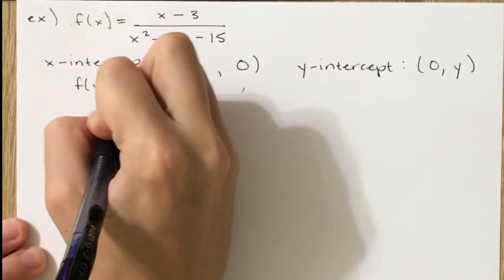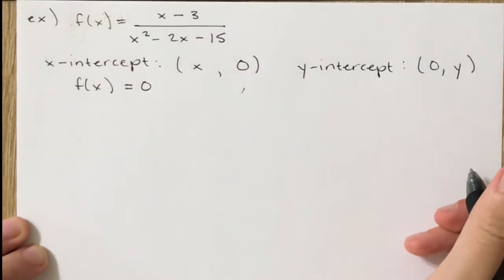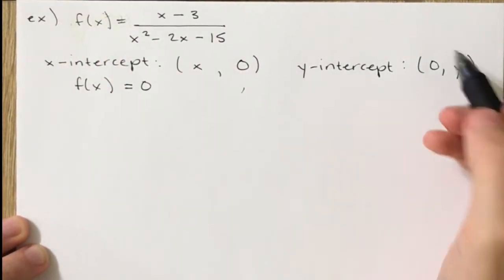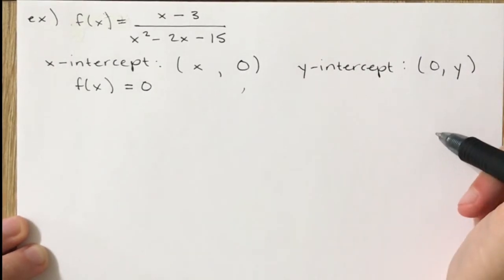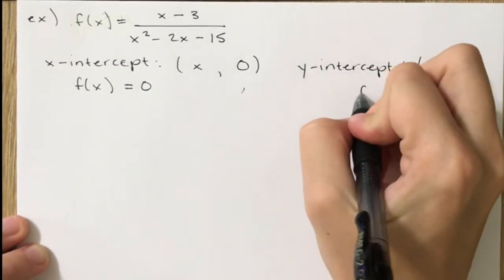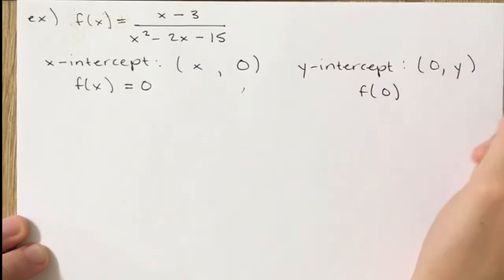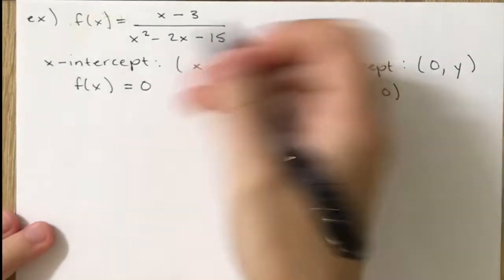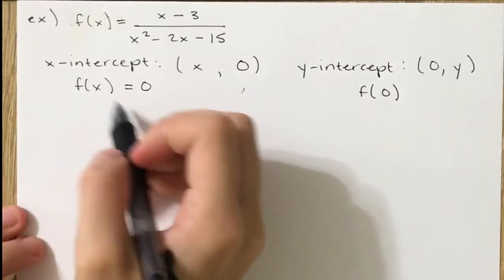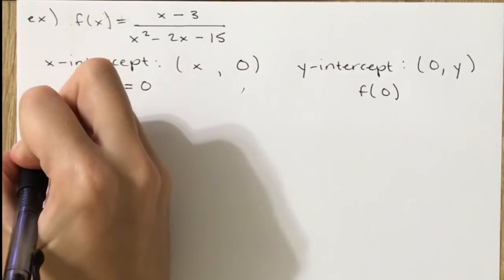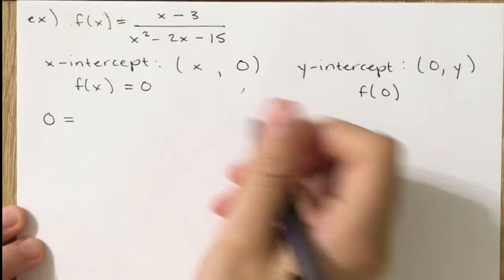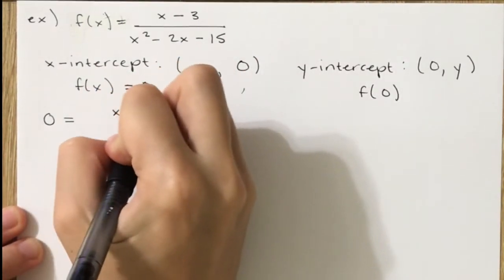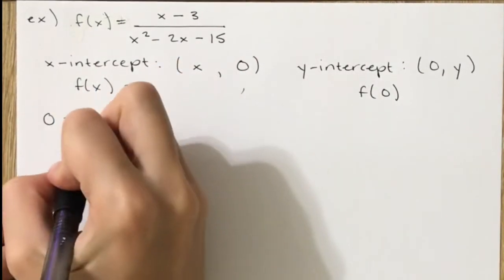This is just where f of x equals 0. Similarly with the y-intercept, this is where x equals 0, so we can just look for f of 0, replacing x with 0. So what happens when we do this here? If we're looking for where f of x equals 0, I can start with 0 equals x minus 3 over our denominator.